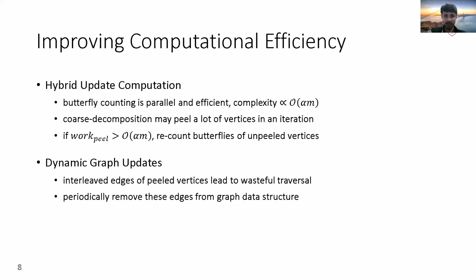And what we also notice is that butterfly counting is actually parallel and much more efficient than peeling the vertices. So if you're peeling a lot of vertices and have a lot of work to do corresponding to computing the updates, instead of doing the peeling procedure, we just remove those vertices from the graph and recount the butterflies of remaining vertices using the butterfly counting algorithm. So this saves us a lot of traversal without actually sacrificing any of the parallelism.